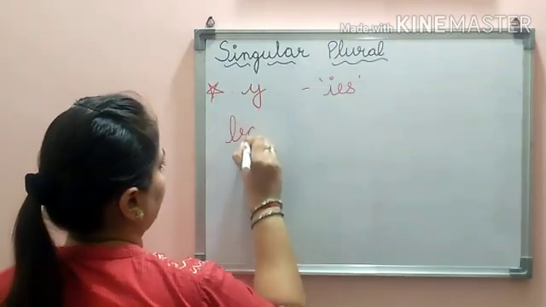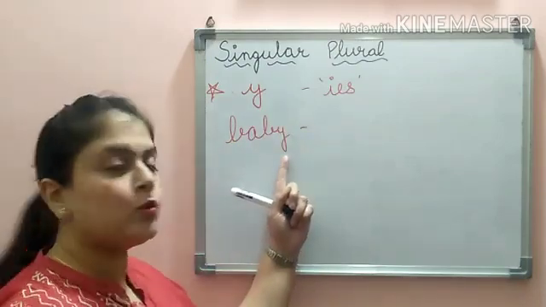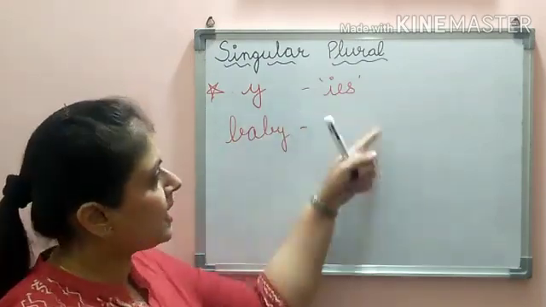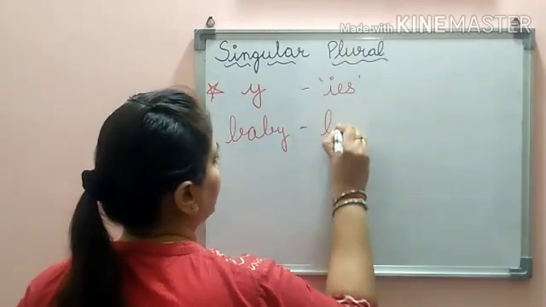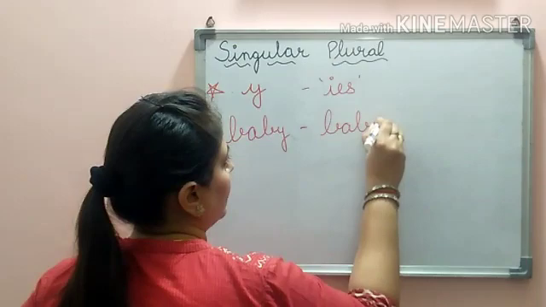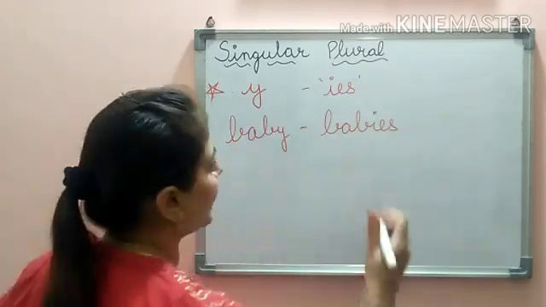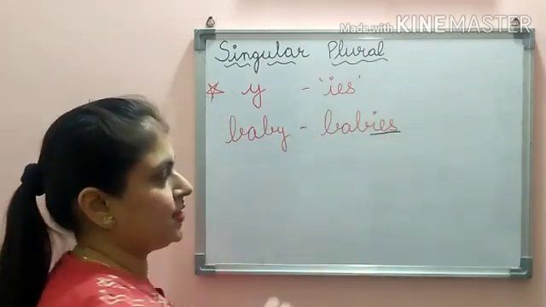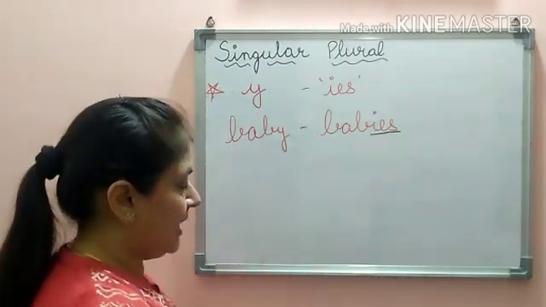As baby, simple, I have to remove y from here and I have to add ies. So it will become babies. I have removed y and I have added ies. So it has become a plural noun. Next, lady.